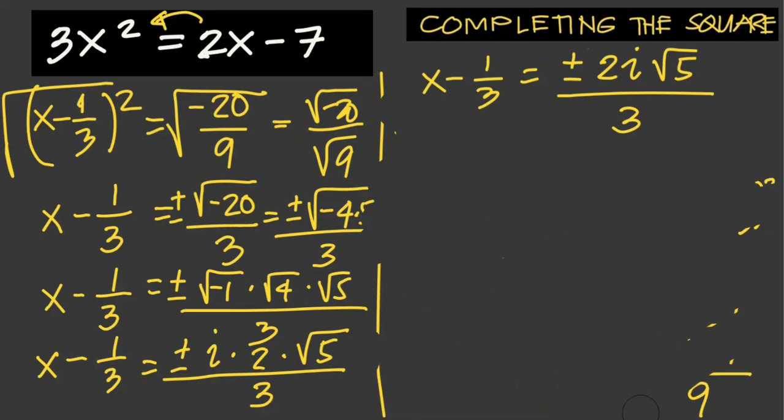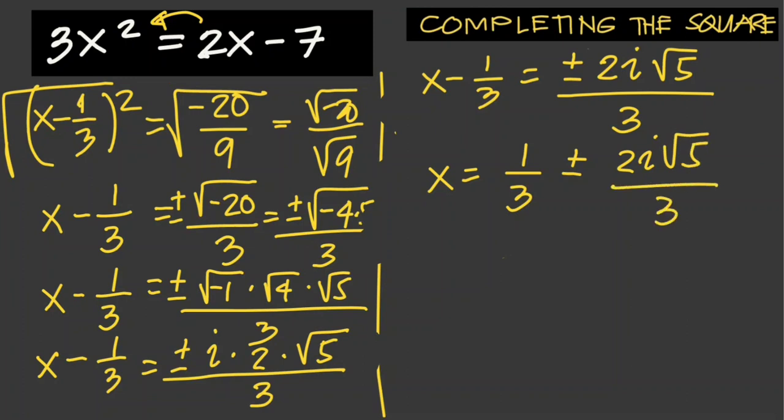We can simplify further by solving for our x. So x would just be equal to, negative 1/3 can be moved to the right. So negative 1/3 will become positive 1/3. Then plus minus 2i square root of 5 over 3. And you can put them together.